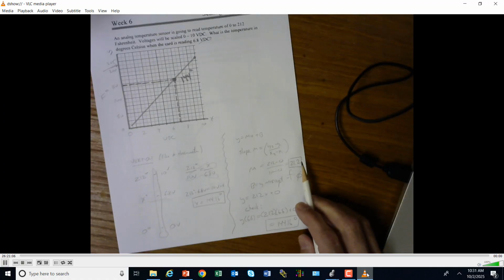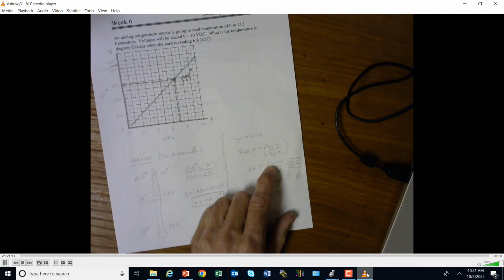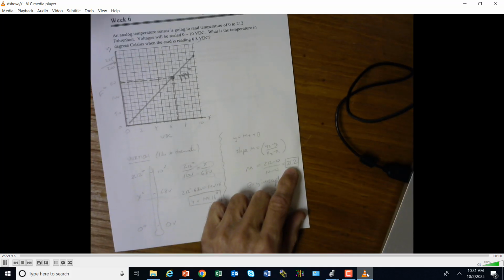And that is degrees per volt, by the way. Just realize that it's got the units of degrees on top and volts on the bottom. But it's 21.2, okay?